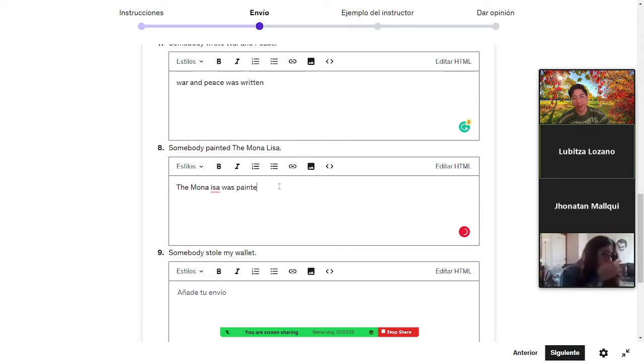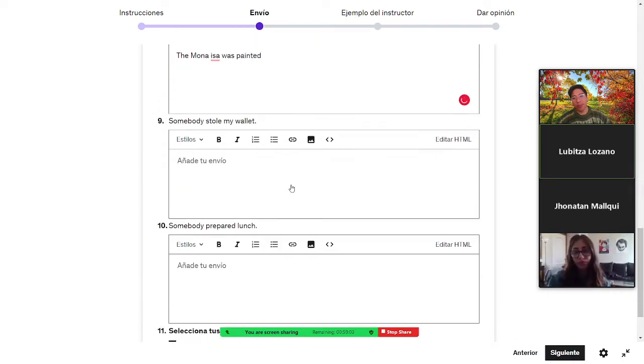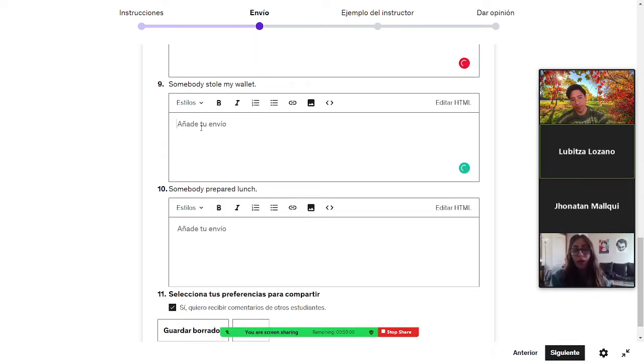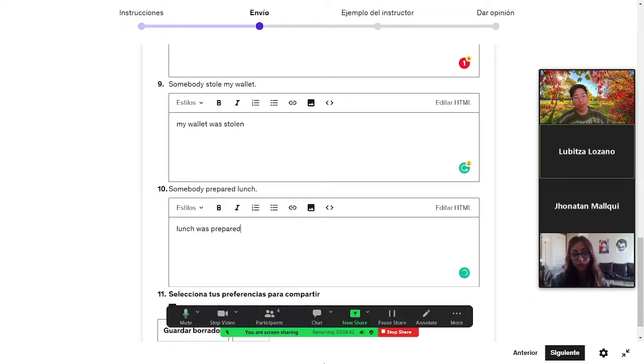Was painted, of course. Somebody stole my wallet. My wallet was stolen. Somebody prepared lunch. Lunch was prepared, and this is super simple.